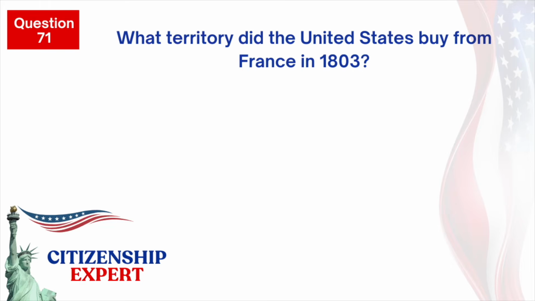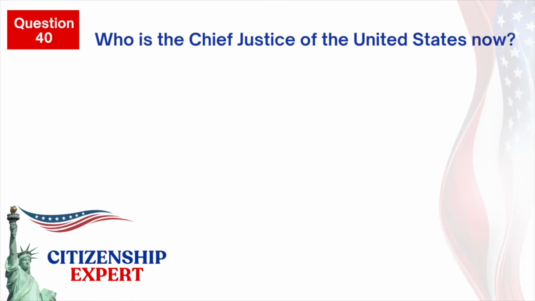What territory did the United States buy from France in 1803? The Louisiana Territory. Who is the Chief Justice of the United States now? John Roberts.